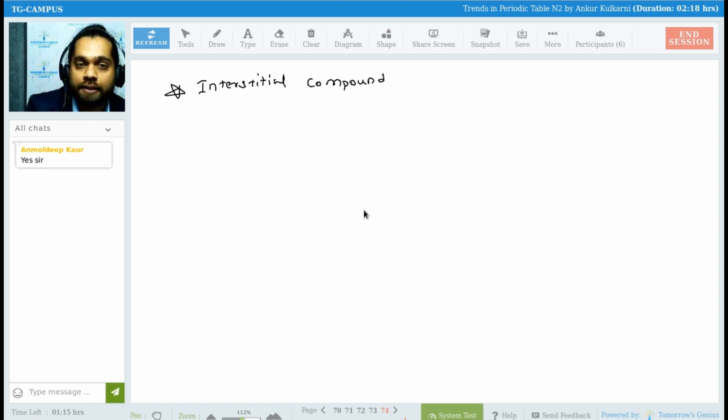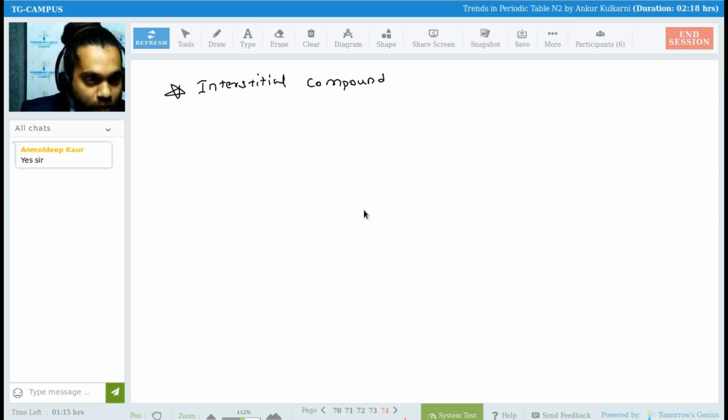What is an interstitial site? We have done this in the solid state. Yes, Arjuna, Anmoldeep: in-between space in crystal lattice.